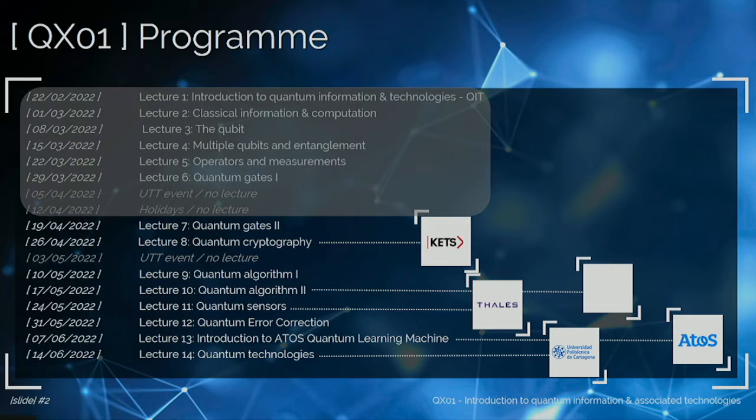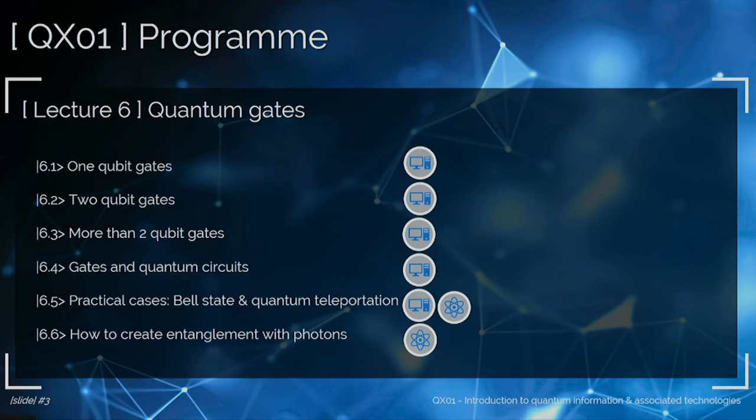Right, so let's have a look at what we said last time on quantum gates, and I will review briefly what we covered. So we started with the 1 qubit gates that can be done on single qubits. Then we talked about 2 qubit gates, and in particular the CNOT gate. Then we also said that there can be more than 2 qubit gates, in particular 3, and the Toffoli and the Fredkin gate.